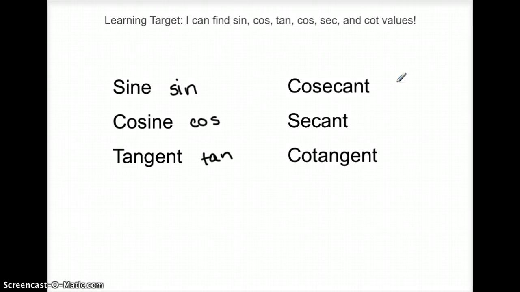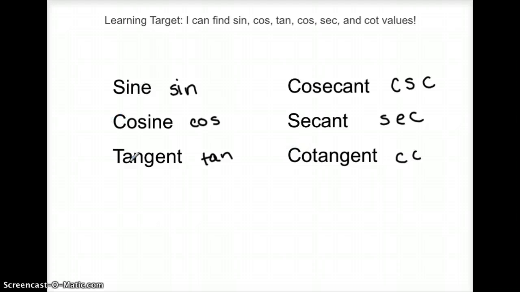Cosecant, you're going to see as the abbreviation CSC. Secant will be abbreviated as SEC, and cotangent COT. Okay, so these are the six trig functions.